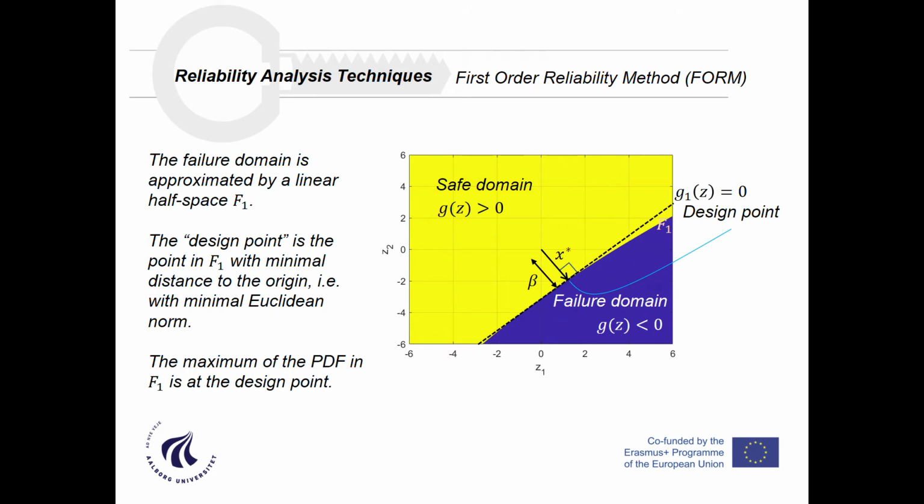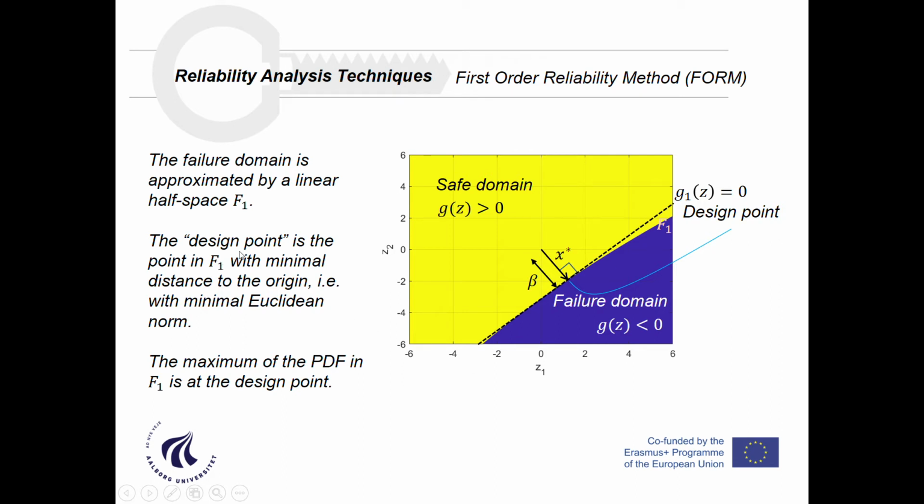So the first order reliability method, or so-called FORM. In FORM, the failure domain is approximated by a linear half space. It means that instead of having this failure domain that we can see has a curvature, we are basically going to assume that it is limited by a linear half space.